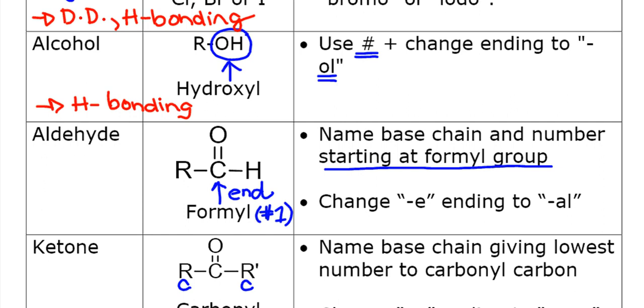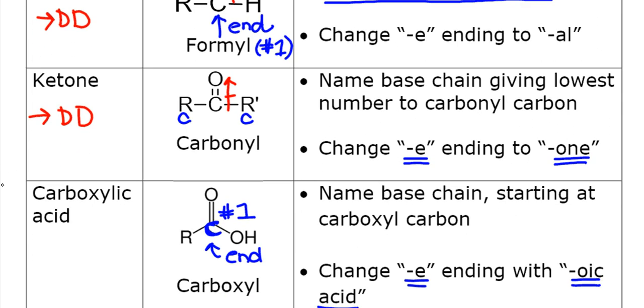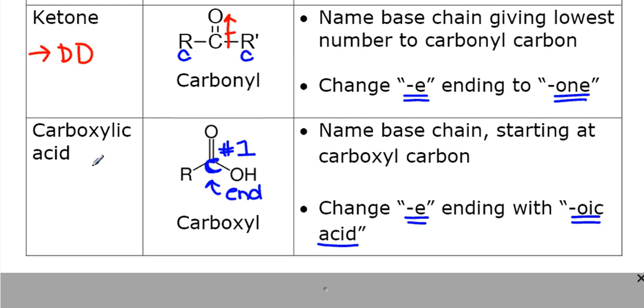When we look at aldehydes and ketones, they're going to have similar types of intermolecular forces. They'll both have dipoles that form around that carbon and oxygen that's there. So there are some dipole-dipole forces that happen in both of these. Around that functional group, it adds again a little bit of polarity, which can change the melting or boiling point. Out of all three, the carboxylic acid has the most hydrogen bonding in terms of intermolecular forces.